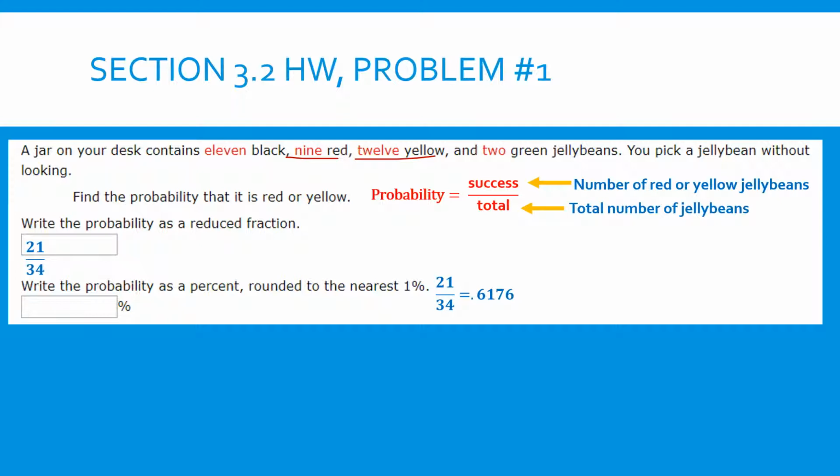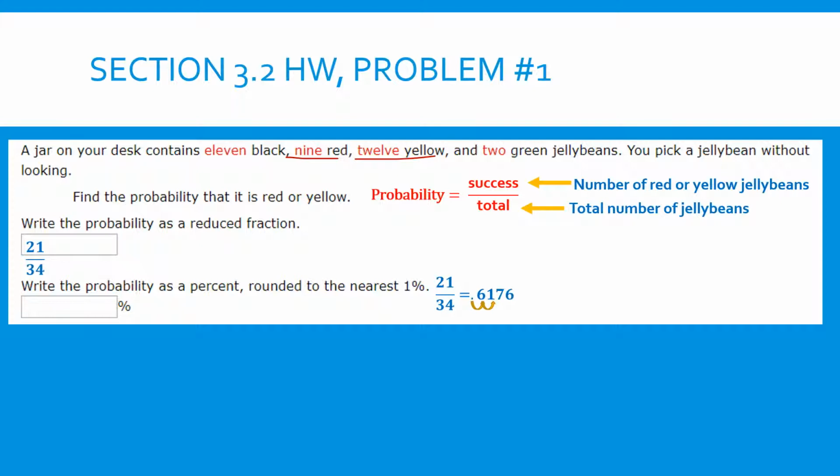Now, our next job is to turn this into a percent. The way that you do that is you move the decimal to the right 2 times. So take your little decimal point that's in front of the 6. We're going to move it to the right 1 place and then 1 more place. So always move the decimal to the right 2 times if you're turning a fraction into a percentage.